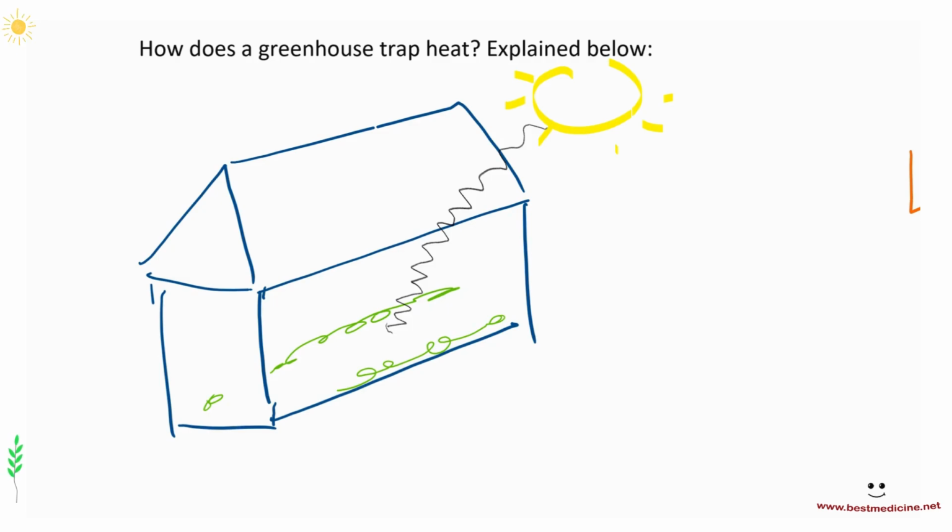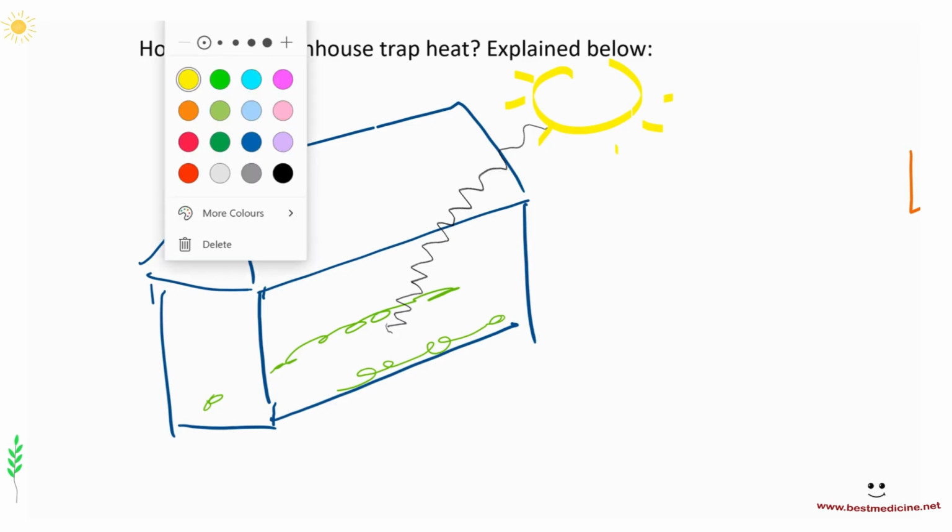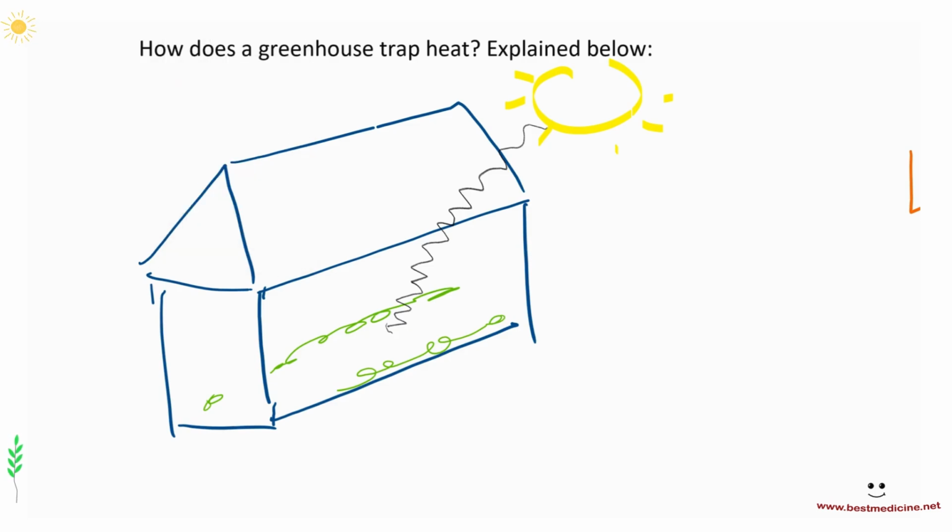Now here's the thing. The transparent cover that is present on top of the greenhouse allows short wavelength radiation to go through. So there's a cover here that is made up of a transparent material, and this allows the short wavelength to go through. Okay, so now what's going to happen is that the earth here is going to become warm.